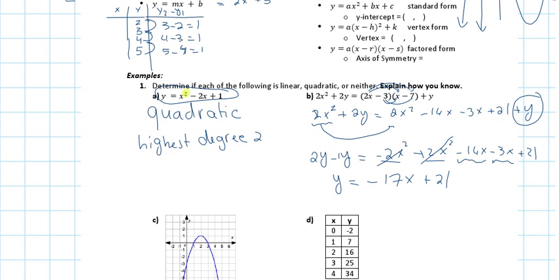Right? If you right away looked at this and said, oh, it's quadratic, there is an x squared, I'm going to say no. Right? Because it's not in the most simple form. You can't decide before you put it in the most simple form. Okay?